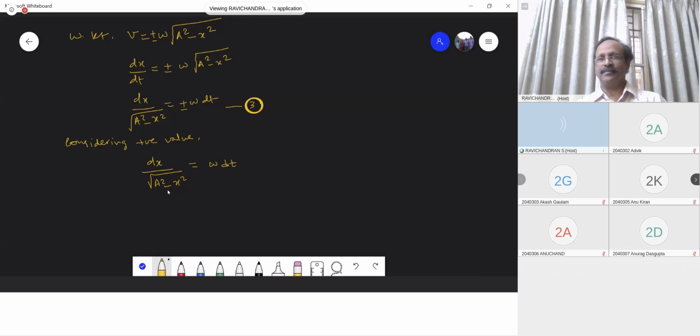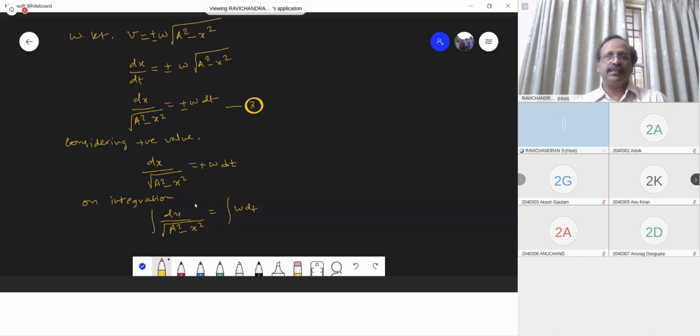Positive value I calculated. On integration, I write this step here: the integral of dx divided by square root of a square minus x square is equal to the integral of omega into dt.